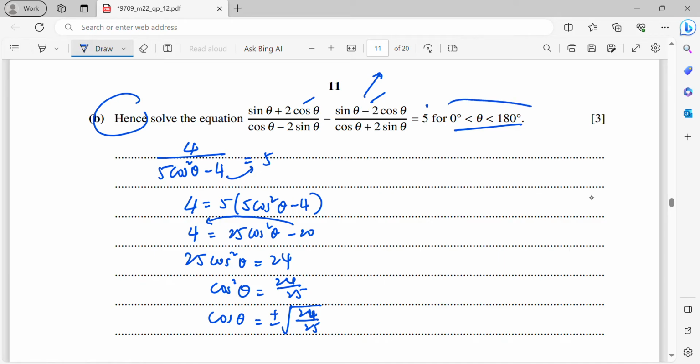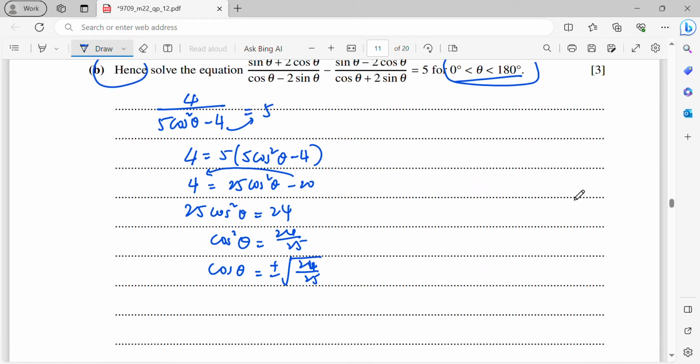Okay, now by looking at the theta value, which means now we only consider first and second quadrant. Since your cos theta is plus and minus, your angle will be, this is the first angle and this is the second angle. Now I need to find the basic angle from the calculator, which means this basic angle is inverse cos square root of 24 over 25.